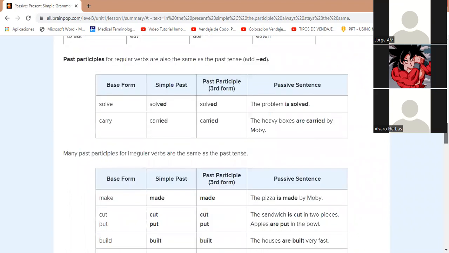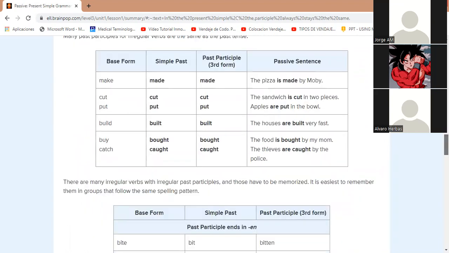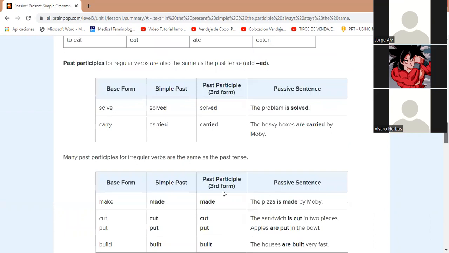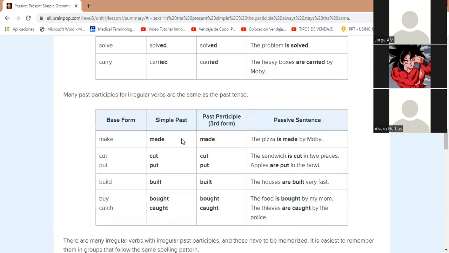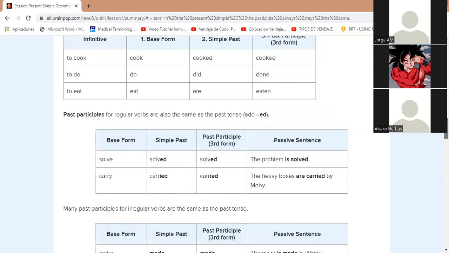Just the past participle is going to change a little bit. Many past participles for irregular verbs are the same as the past tense. Made, cut. When do you know? You don't really know. Memorize a few of them, use them in your everyday conversation, and then you get around to using the rest.